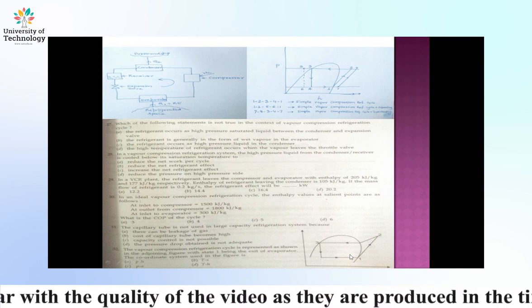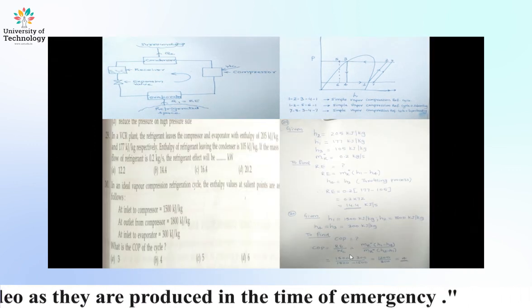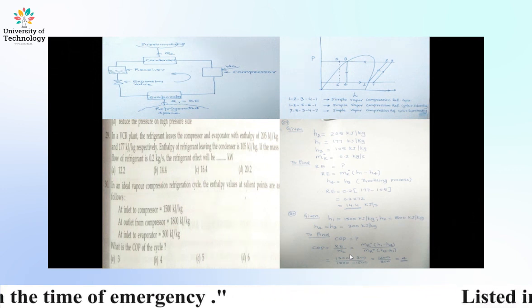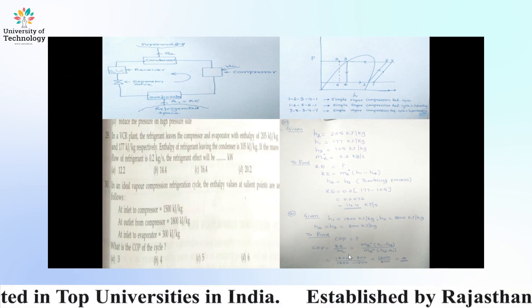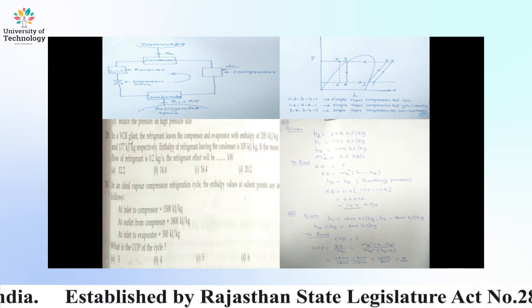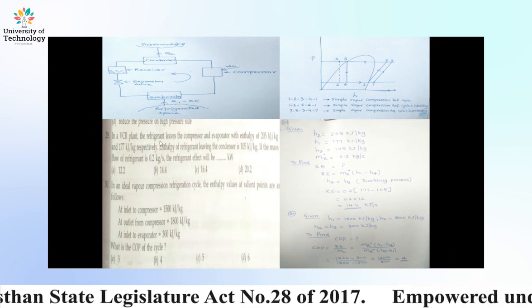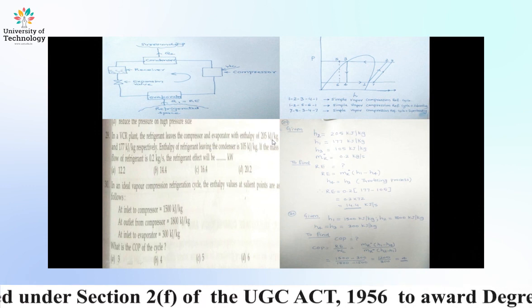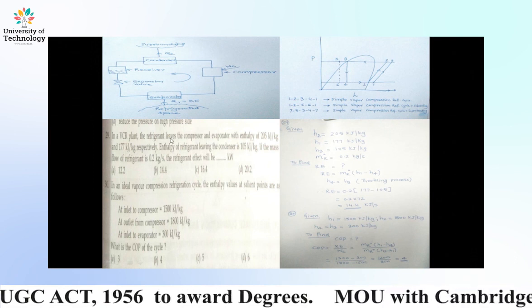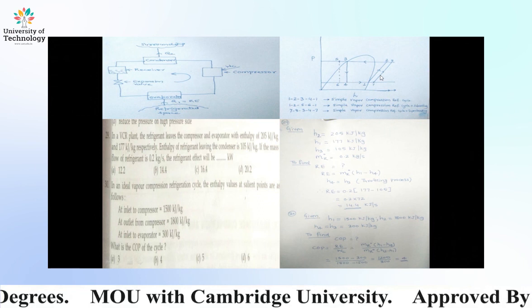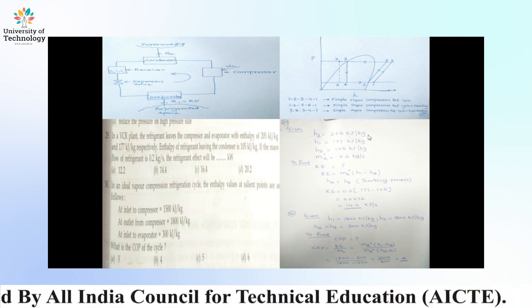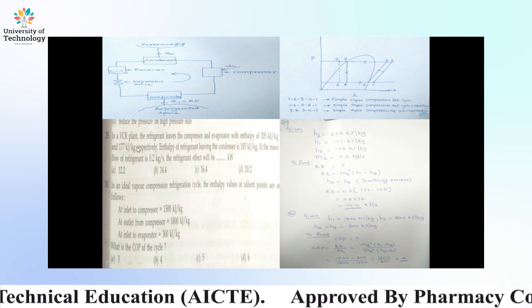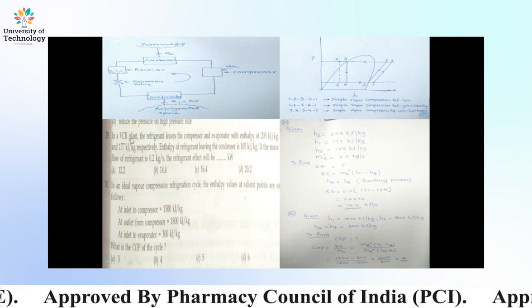Now question number 29. In a VCR plant, the refrigerant leaves the compressor at point 2 with enthalpy H2 equal to 205 kilojoule per kilogram, and leaves the evaporator with H1 equal to 177 kilojoule per kilogram.